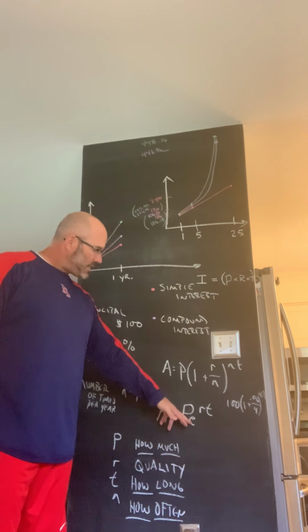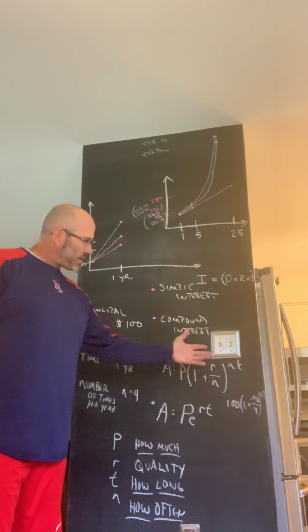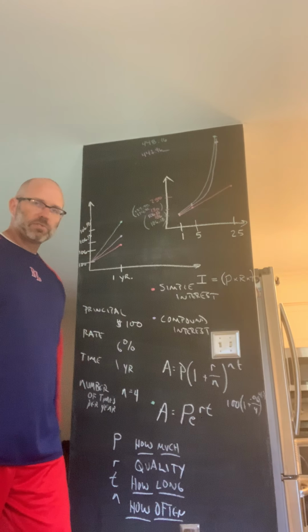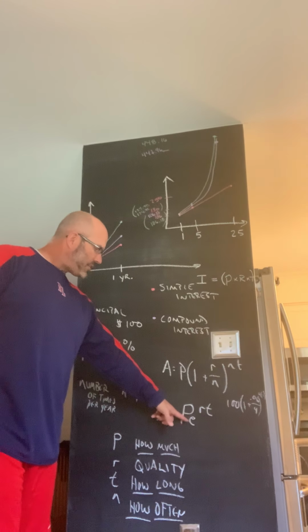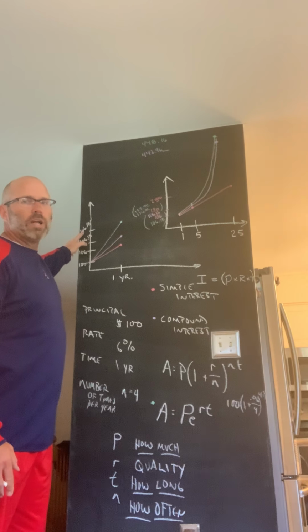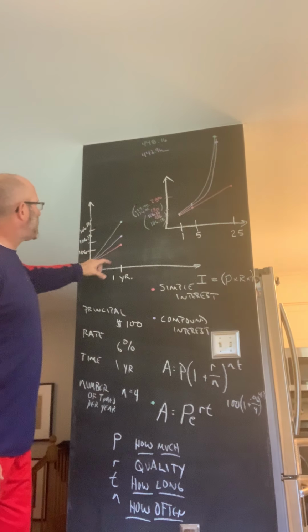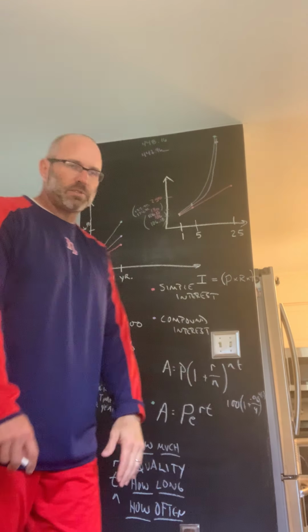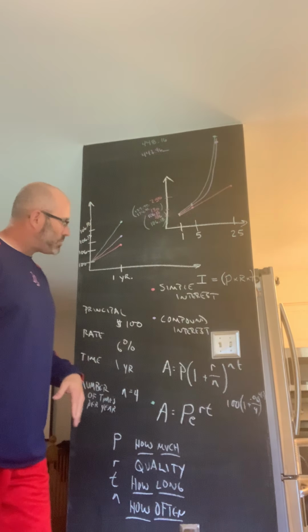And this E starts to take the place of some other formulas. And if you're interested in the E, maybe I'll save that for another discussion. But this formula gives us 106.18. Okay, so after 1 year, the difference is merely 18 cents with the values that we plugged in.